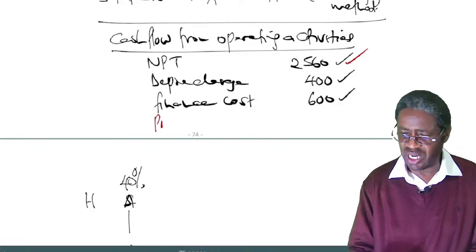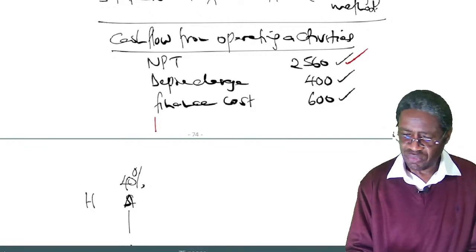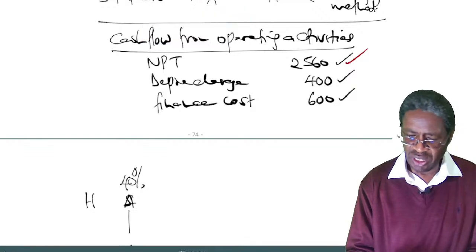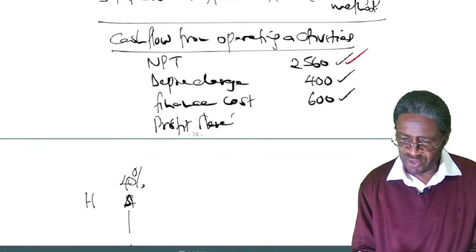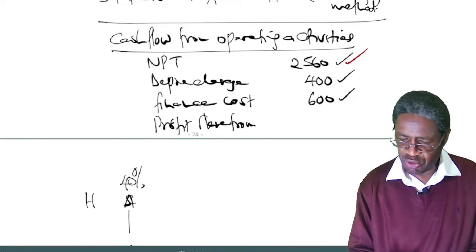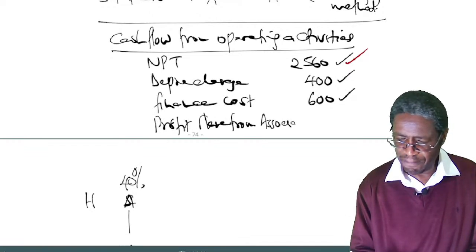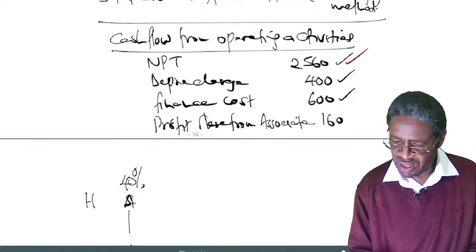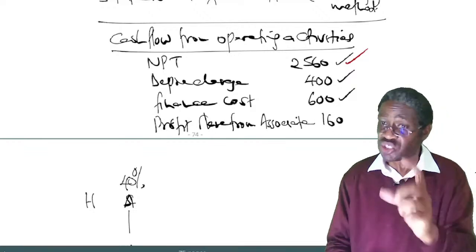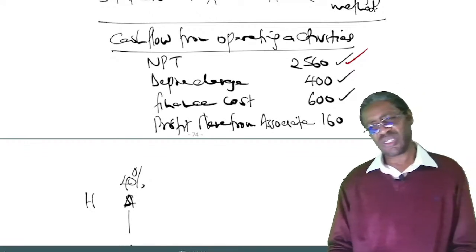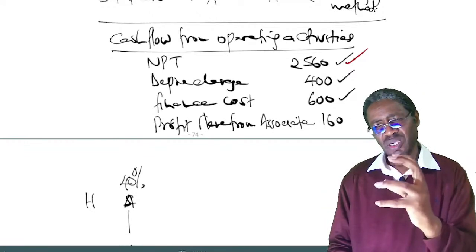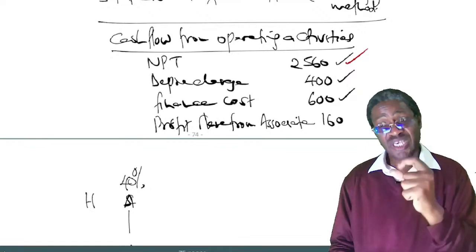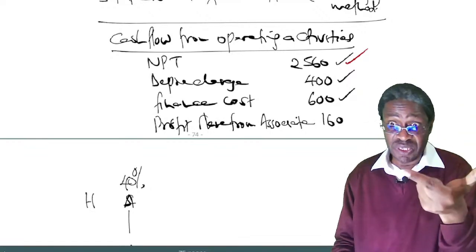So come and see here, put it this way. Profit share from associate, that 160. Do we add or do we subtract? Of course, you know it was added in the income statement.